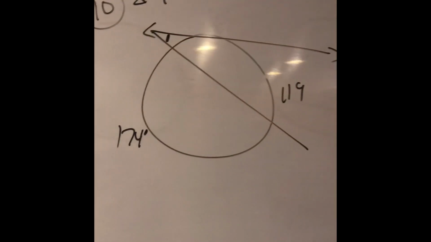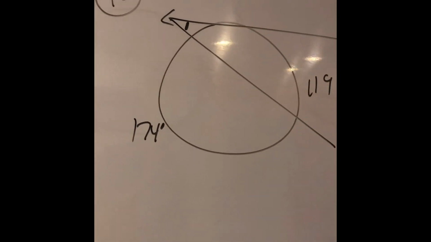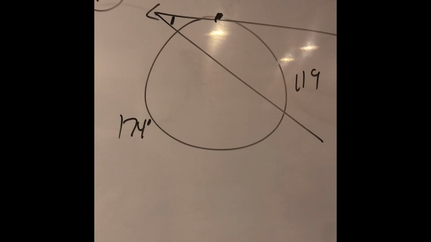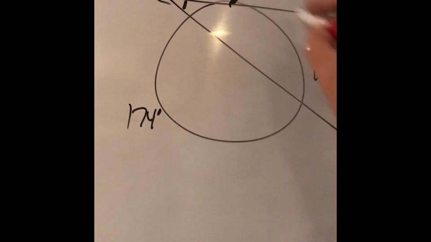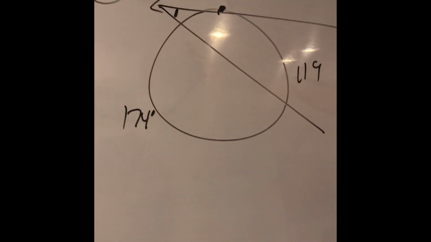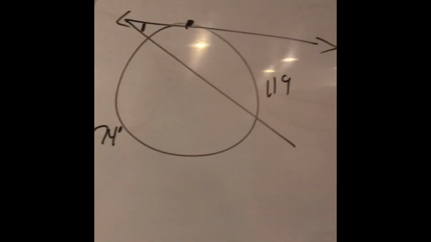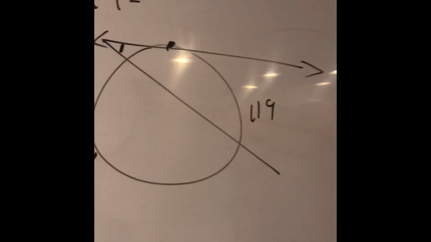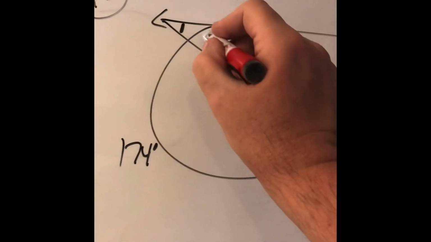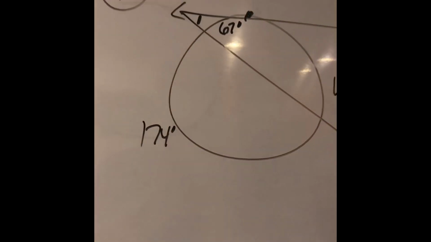Okay, number 10. This one is a secant and a tangent, okay? So these three arcs have to add up to be 360. Well, I have 274 and 119, that's 393, okay? So what that's telling me is, since those add up to 393, then this arc in here is going to be 67 degrees.